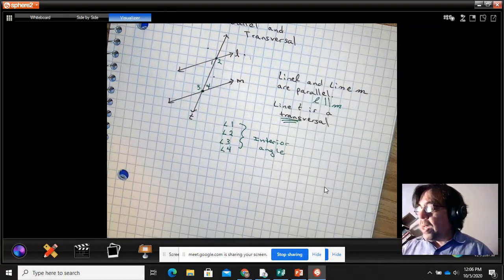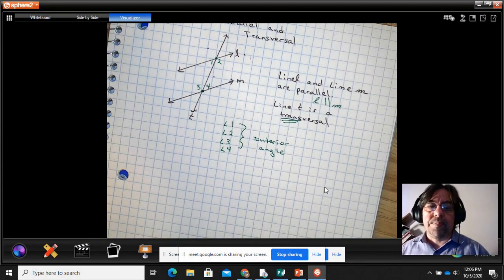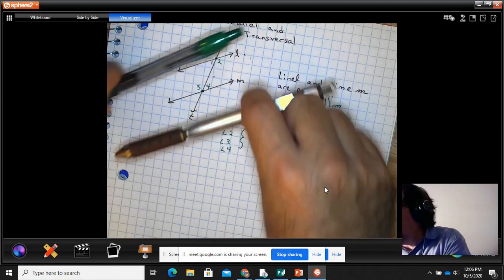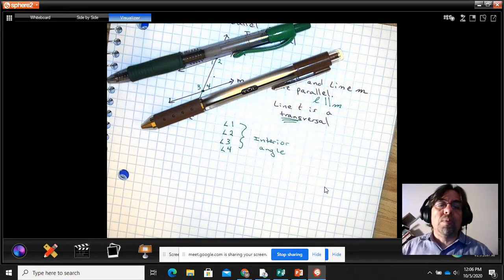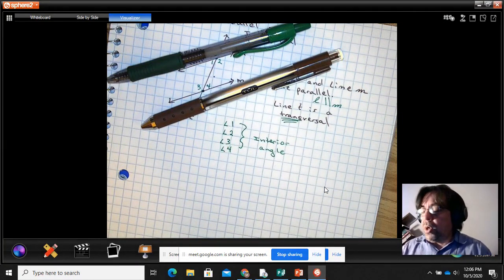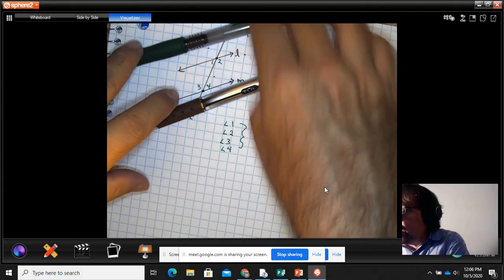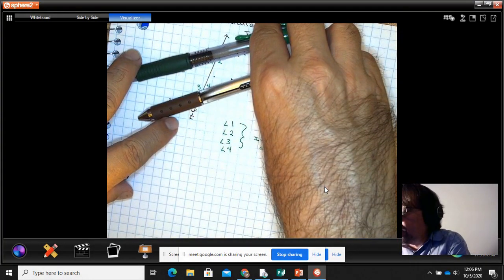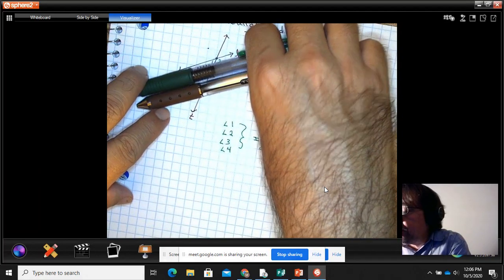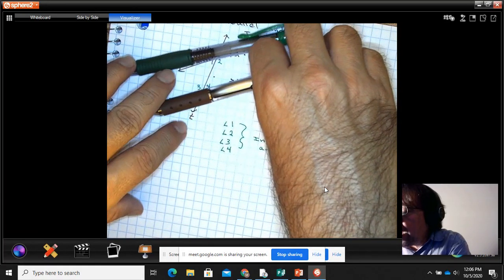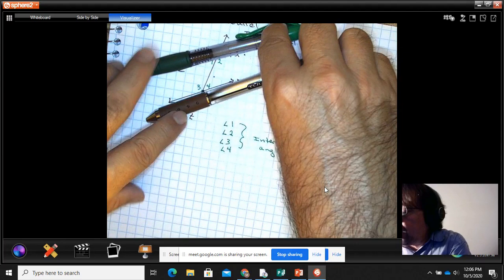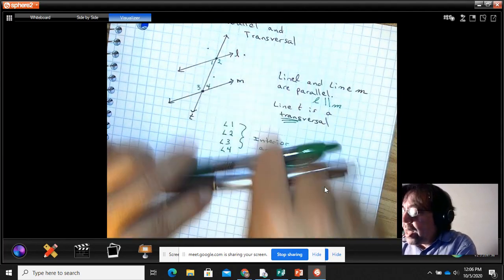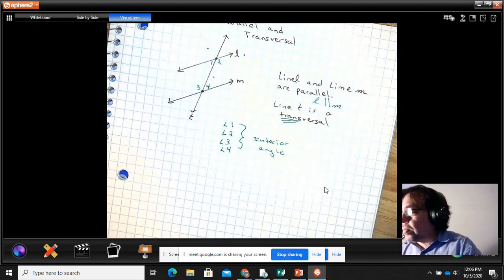If line L and line M were walls, and if those walls could move towards each other, could I possibly squeeze angles 1, 2, 3, and 4? Could I squash them? It's like Indiana Jones movies, the walls moving towards each other, and I'm going to squash those angles. That makes them interior.